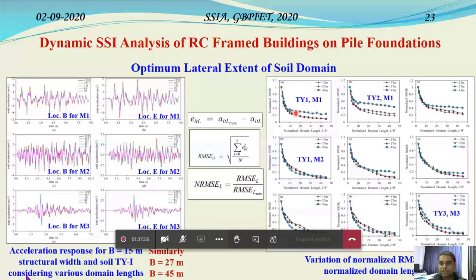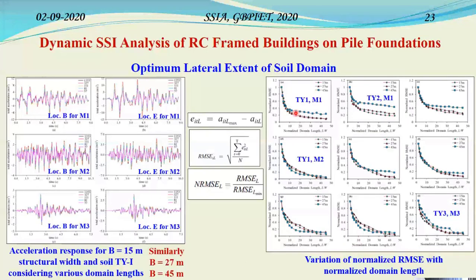For all these figures, you can see an initial sharp drop in RMSE, which is mostly in the smaller values of normalized domain lengths, and then a much lesser slope in some cases. This means that when the domain length is smaller, that is, the boundaries are near the structure, any change in domain length or shift in the boundary would change the response by a significant amount.